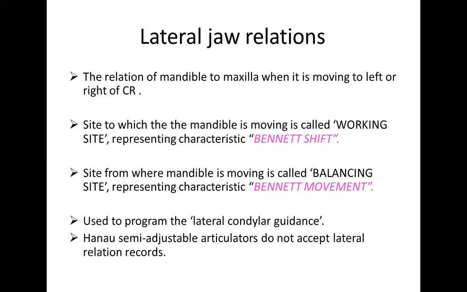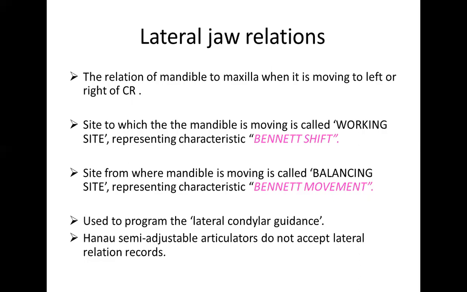The side to which you are moving is the working side condyle, and the side from which you are moving, that is the right, is the balancing condyle. Whenever your jaw moves to one side, the same side condyle is the working side condyle, and the opposing side condyle is the balancing condyle.